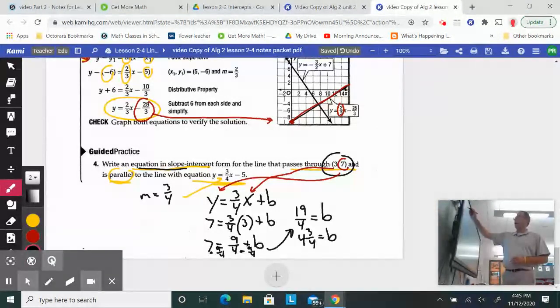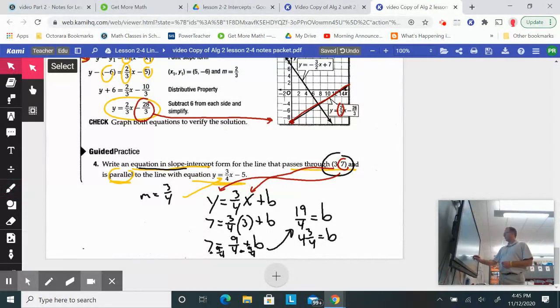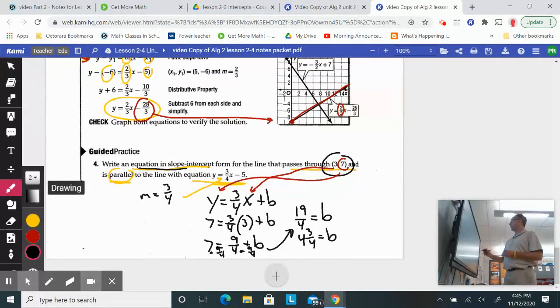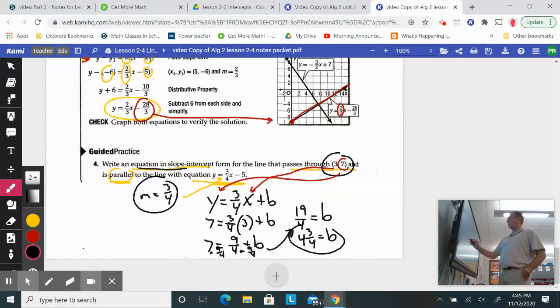I subtracted 9/4 on both sides to get b by itself, and I end up with 19/4, which ends up being 4 3/4 equals b. So my y-intercept is 4 3/4. When I go to write the final answer, I know my slope is 3/4 and my y-intercept is 4 3/4.